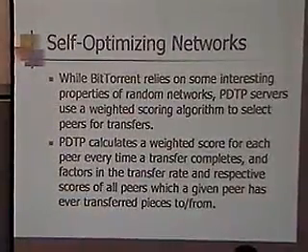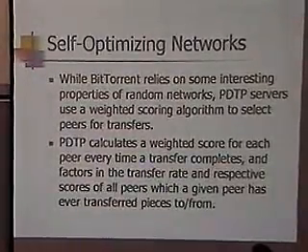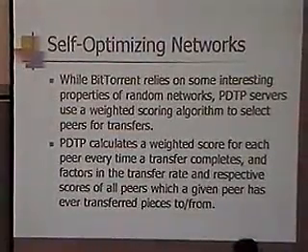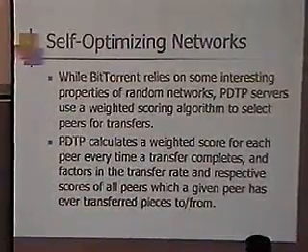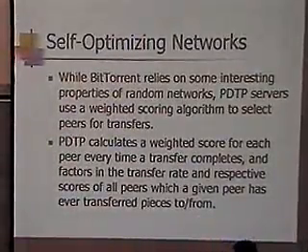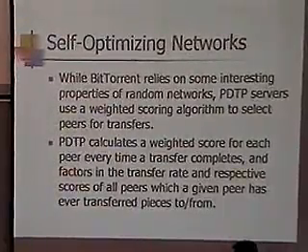PDTP uses a weighted scoring algorithm where it basically keeps track of every piece that a given client has uploaded and multiplies the score of the destination host by all of those values to compute a new score every time a transfer finishes.